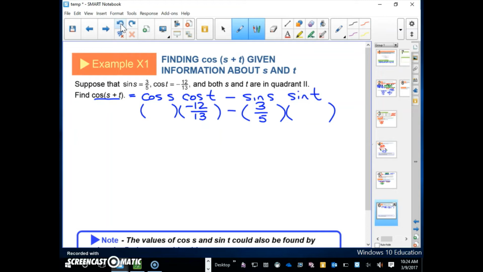Now the good news is, you've done this kind of problem before, a lot of times. In chapter 5, we did this a lot. Notice they're talking about s in quadrant 2. What I would do, and we don't have to do it this way, is draw a picture of s in quadrant 2.